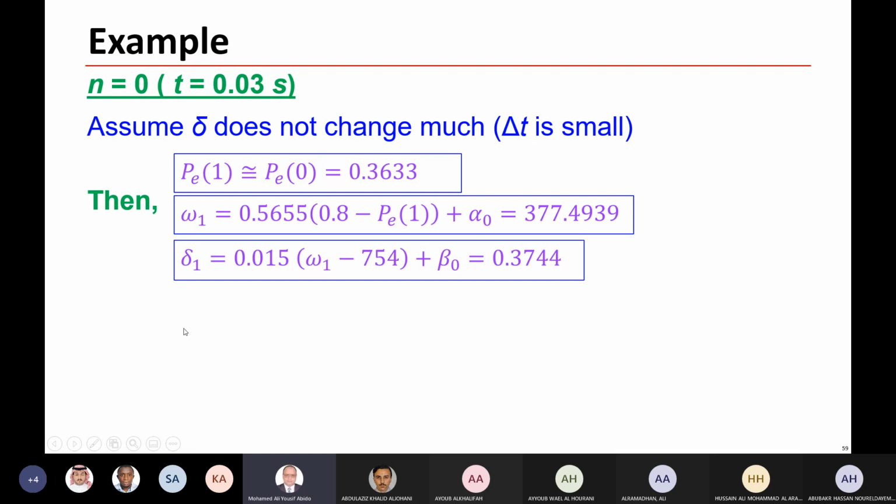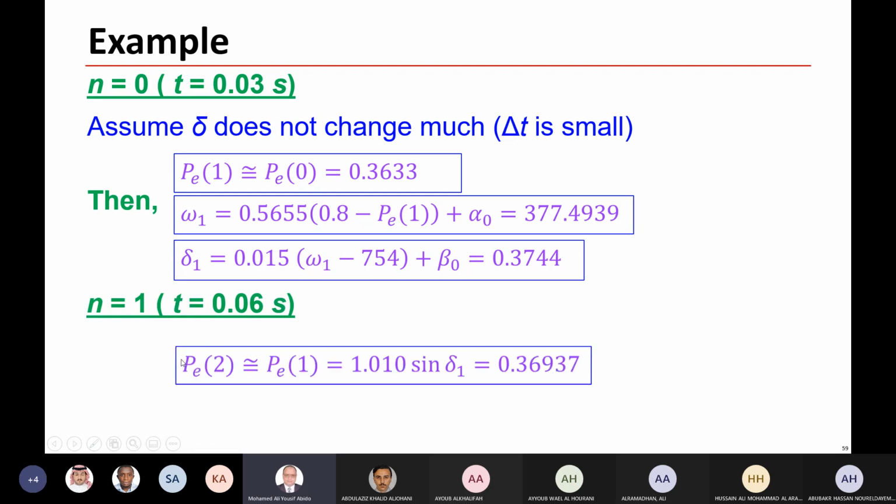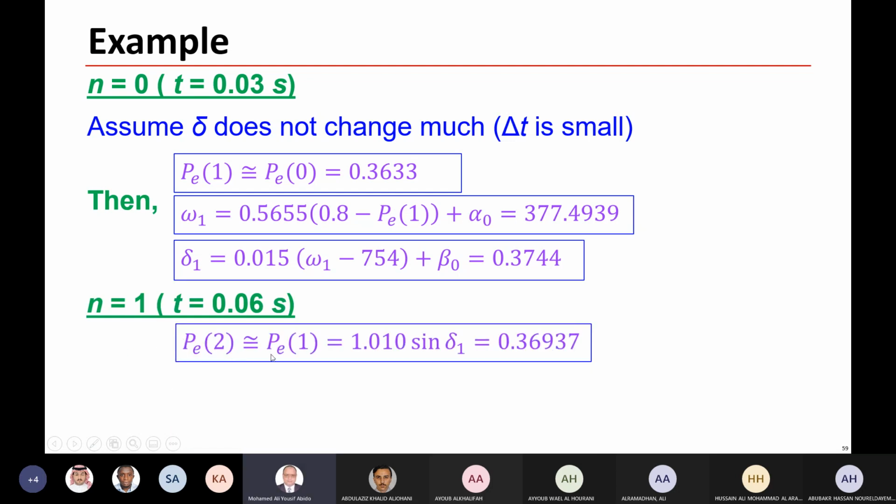For n equal to 2, we will recalculate alpha. Now we calculate alpha 1, and then we calculate beta 1, depends on these values of 1, and then we can calculate omega 2 and delta 2 accordingly. So BE of 2 is approximately equal to BE of 1.